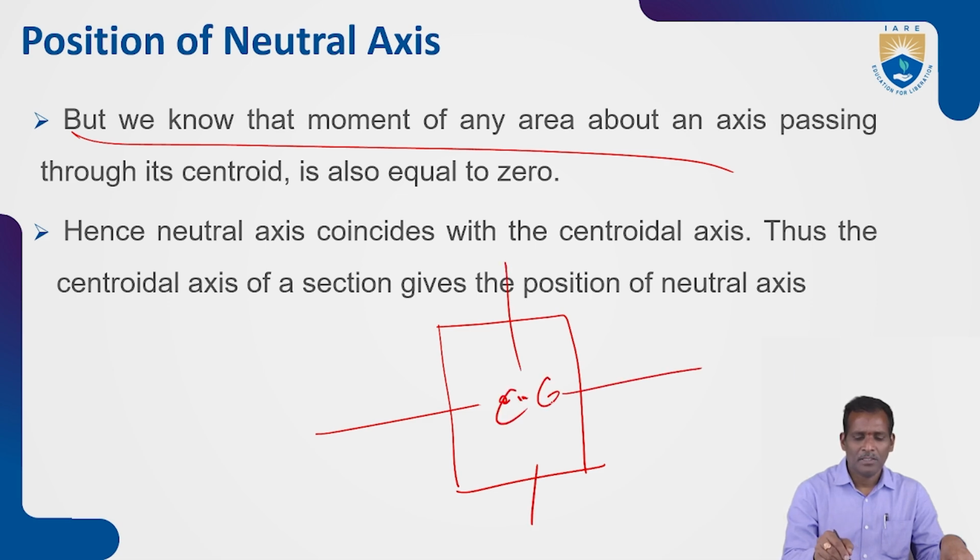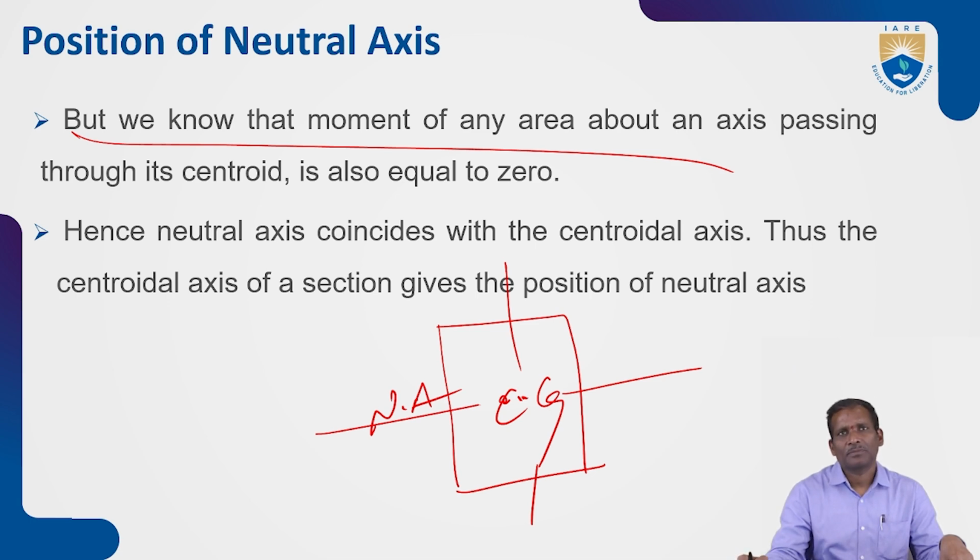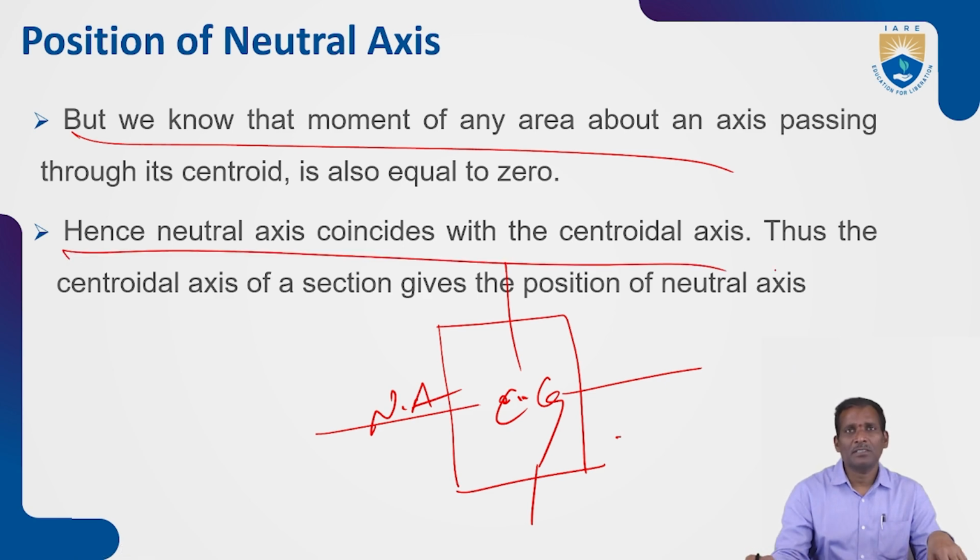CG is the center of gravity, and the neutral axis also passes through the center of gravity. So the moment of any area about the axis passing through the centroid is 0, since the neutral axis coincides with the centroidal axis.